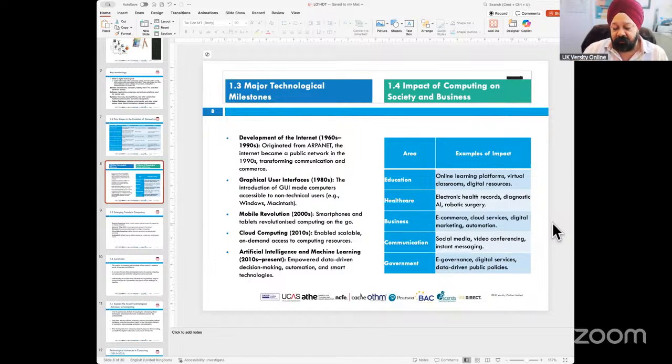It'll be very difficult to get hold of information if we don't have these services today. So the amount of development which has happened in this field, which has led to better, increased, faster and quicker, or instant, communication, has happened predominantly because of the developments in technology on the internet side or on the computing side.